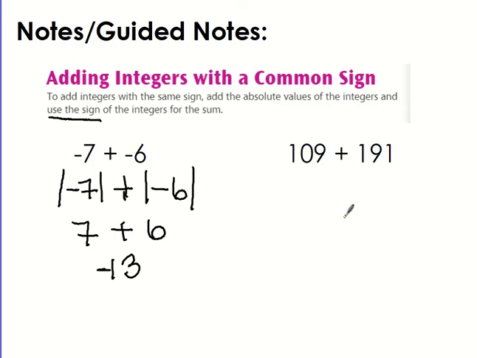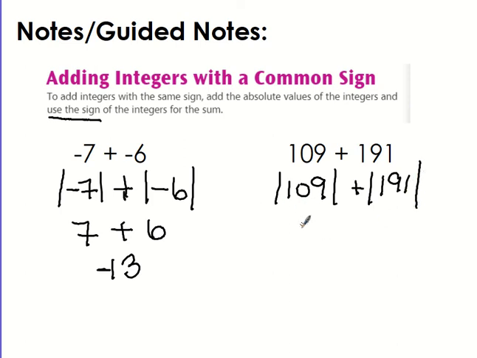And that is why we have the rule, because with things like this, I don't want to draw counters. I don't want to draw 109 plus 191. We can still apply the rule to these positives. So the absolute value of 109 plus the absolute value of 191.